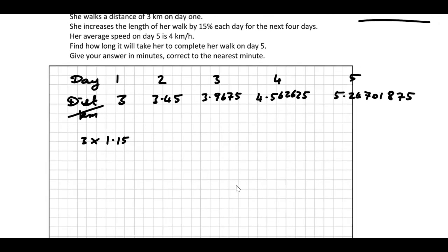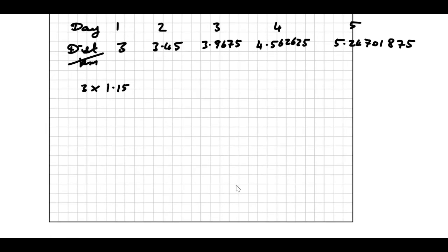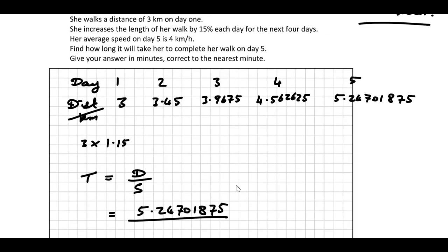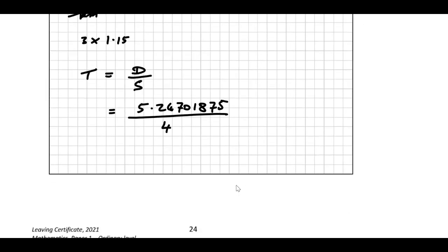Now again, from our little triangle up here, we know that time is distance over speed. So the distance she's walking is 5.24701875. We've got to divide that by her speed. Her average speed on day 5 is 4 kilometers per hour, so we've got to divide that by 4.